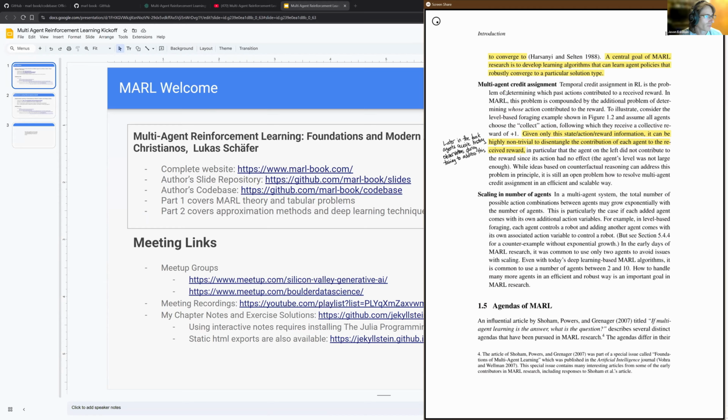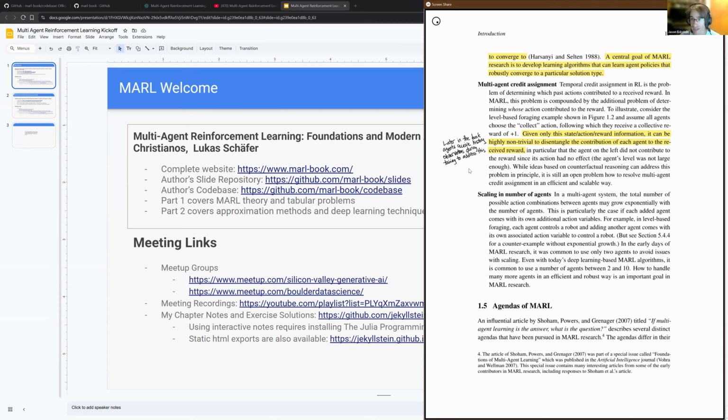And then this multi-agent credit assignment thing is really related to this non-stationary problem, but it's hard to disentangle which agent was responsible for this. And what is brought up later in the book is that when we define these multi-agent algorithms, we usually want to give the agents access to the history of actions from the other agents, as well as the state history.